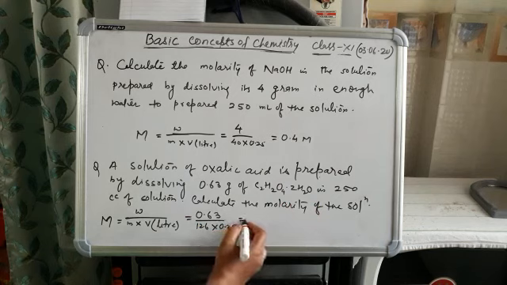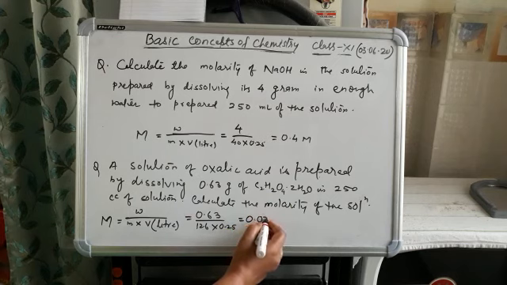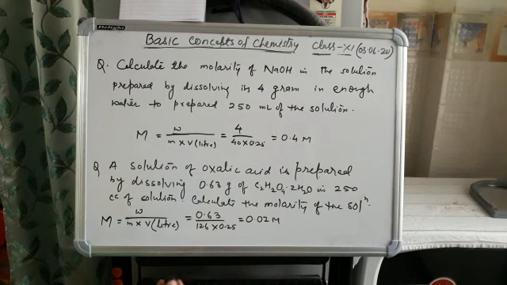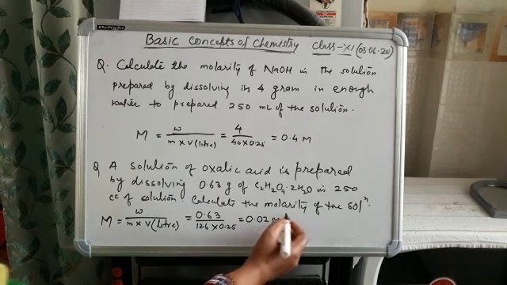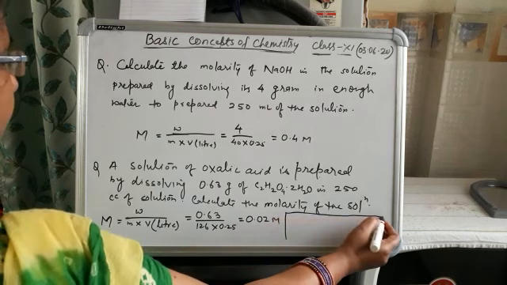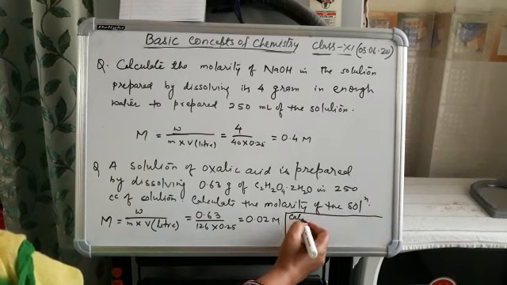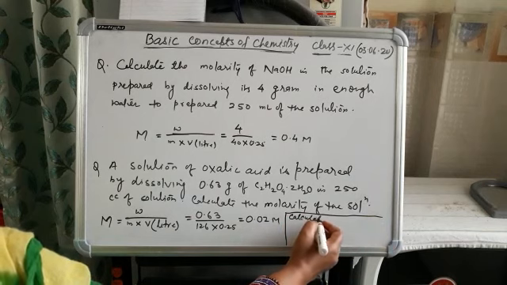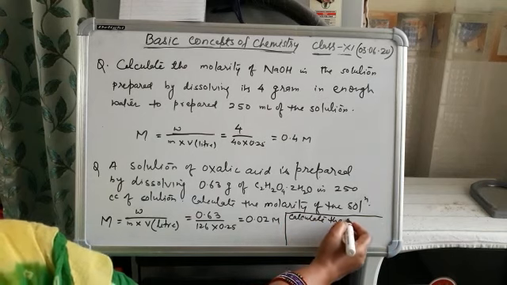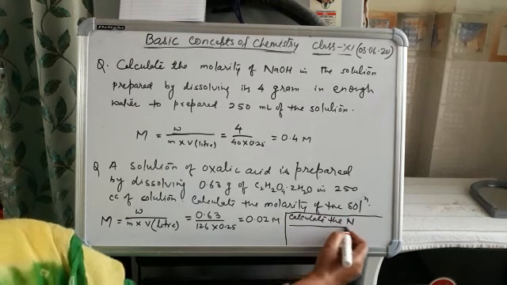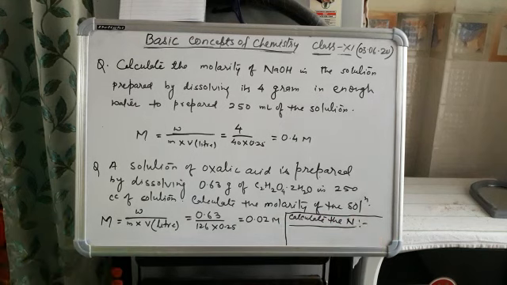The value comes to 0.02 M. And you can also calculate the normality of the solution.